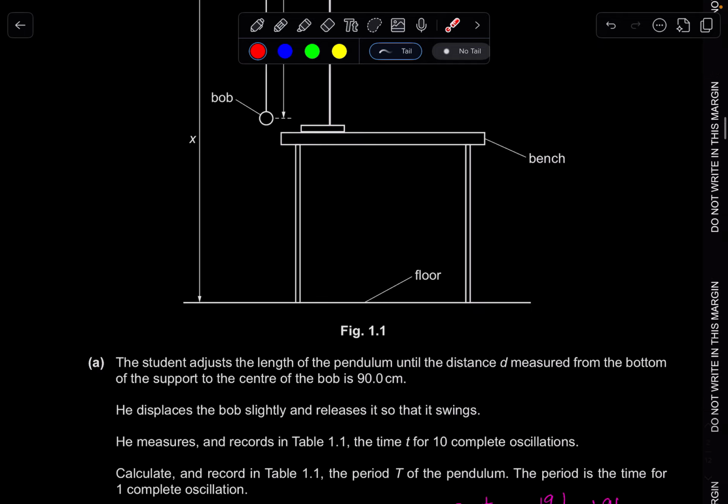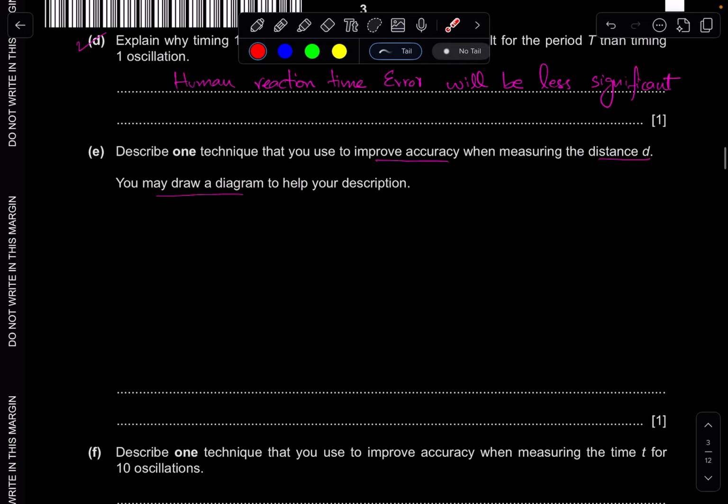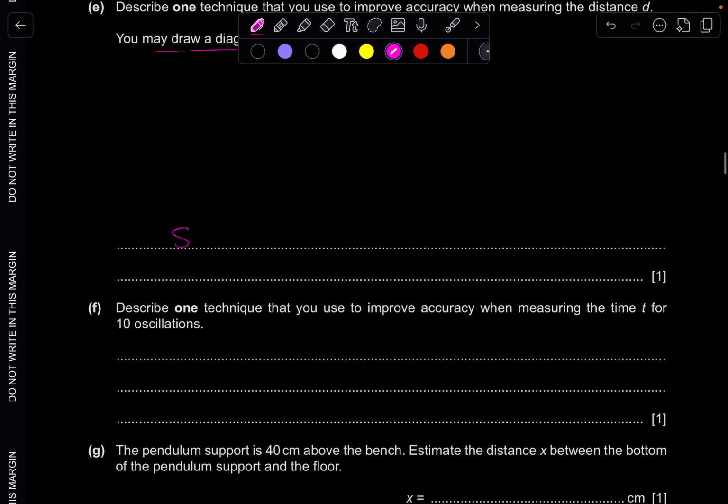Okay, so here we can write: set square can be used to take the reading.